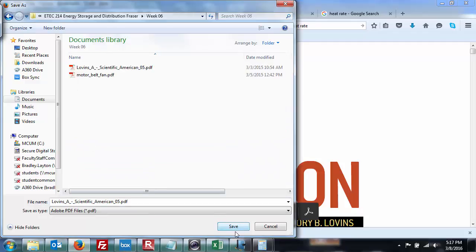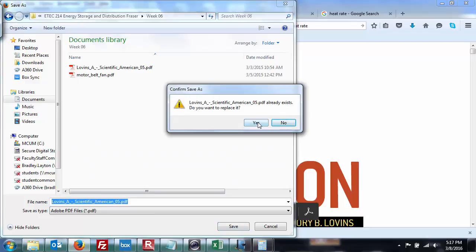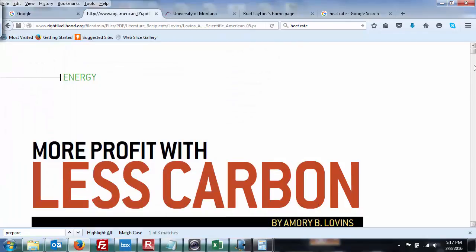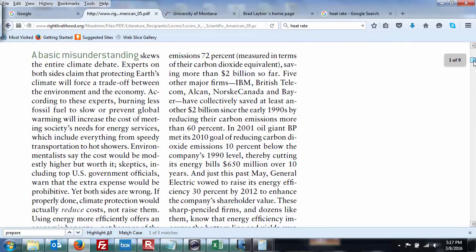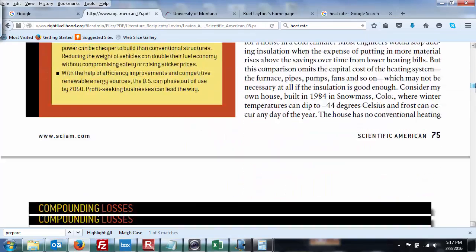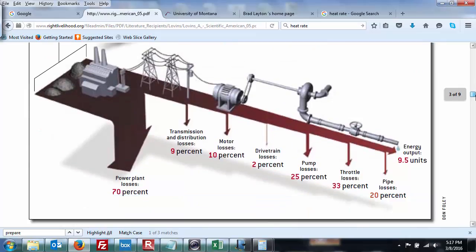Lovins'. Oh, I already had the copy right there. Okay, sweet. So there's my download. I'm assuming it's just this diagram that's a couple pages down. It's that thing.